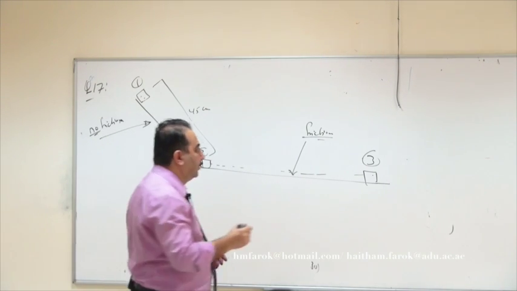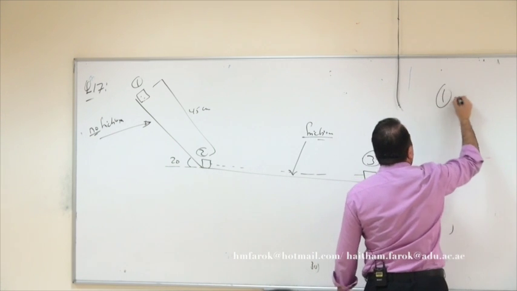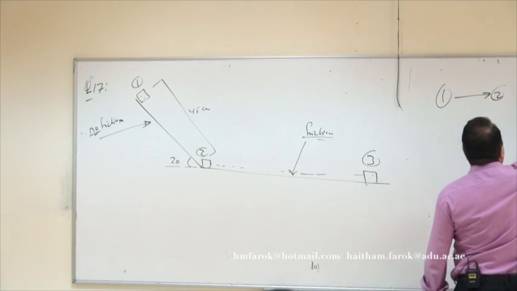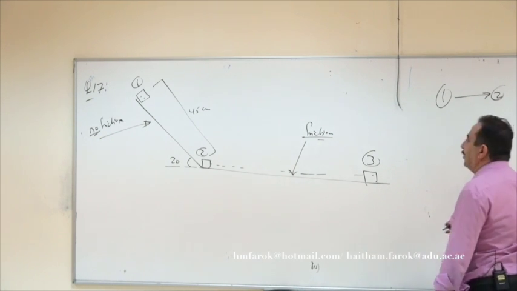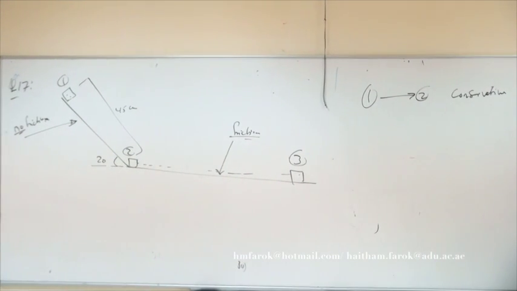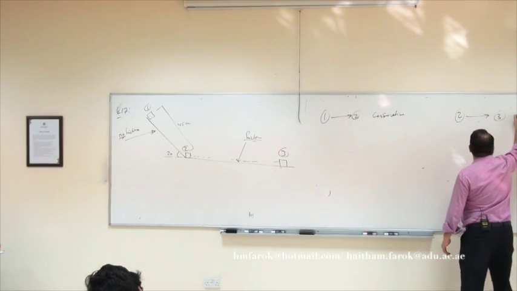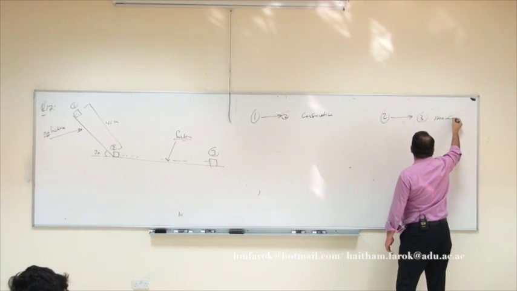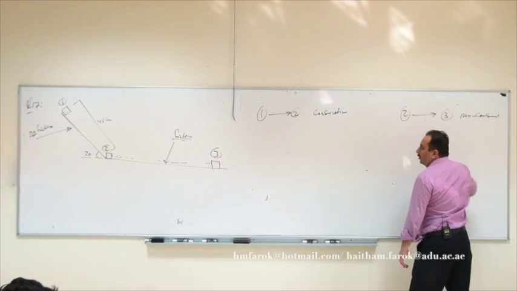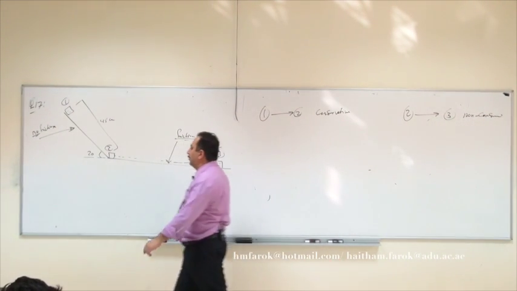1 to 2 is conservative, and 2 to 3 is non-conservative. Now concentrate on 1 to 2.